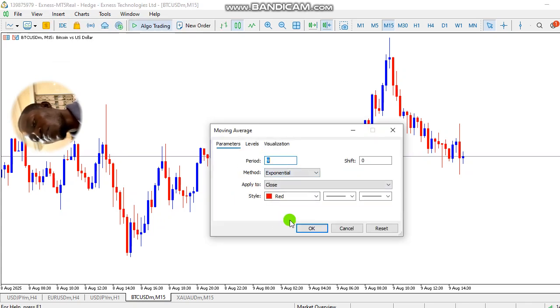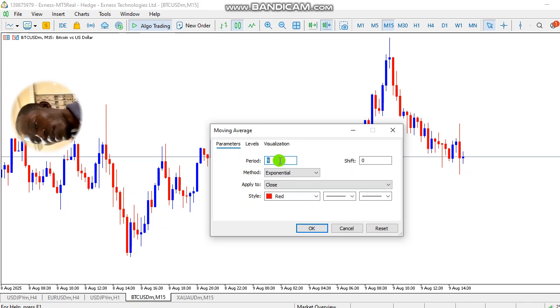Now the moving average, we have different types of moving average. We have simple moving average and we have exponential moving average. So in this video, I'm going to teach you how to use the exponential moving average, or EMA. First of all, I will use the 9 period exponential moving average, and the color that I want it to appear on the chart is red.